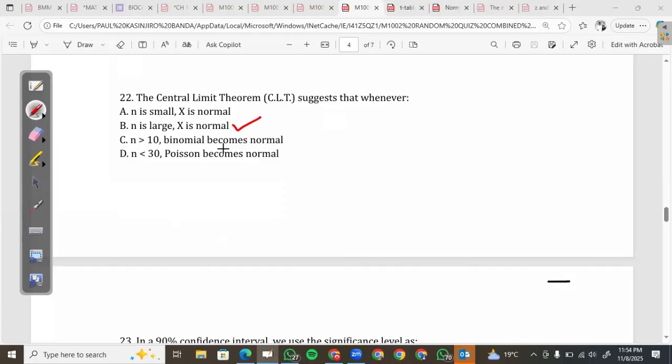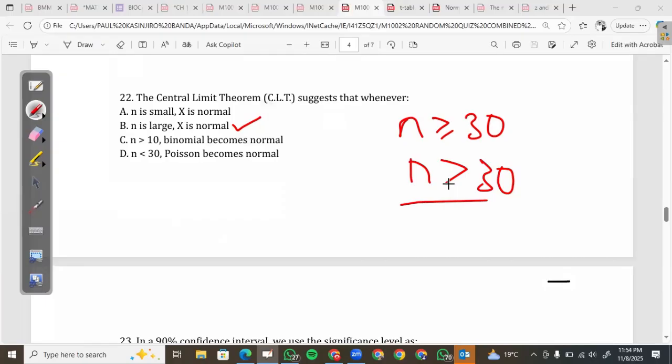But how large? n has to be greater than or equal to what? To 30. Or in short, they just say n has to be greater than 30. So when the sample size is more than 30, then the x bar of whatever distribution is just going to follow a normal distribution. That's what it means there.